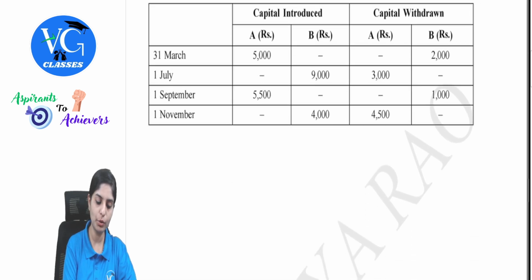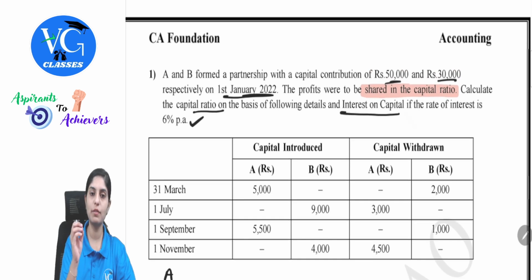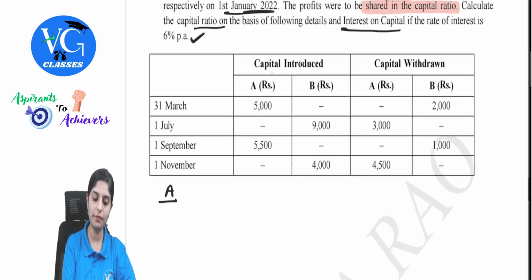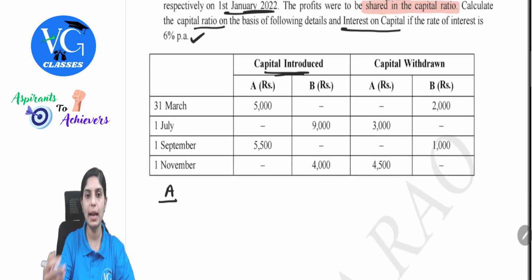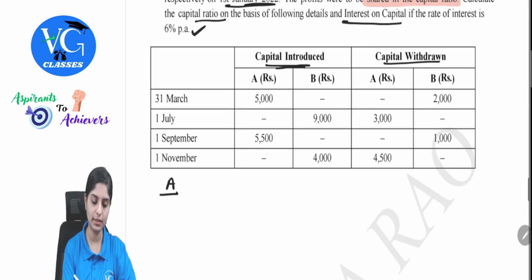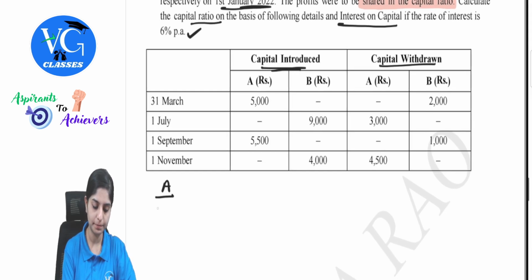So let's first do it for A. They started business on 1st January. Next, if you observe, there is details given of capital introduced, that is additional capital introduced and capital withdrawn. So observing the dates, we will have to understand the balances. For partner A, we will first find out effective capital.